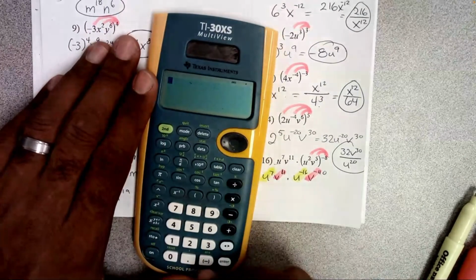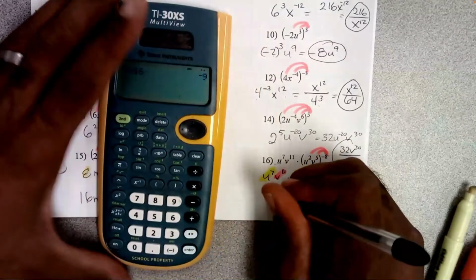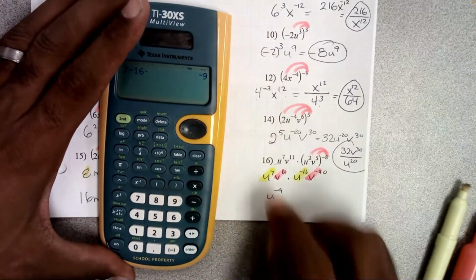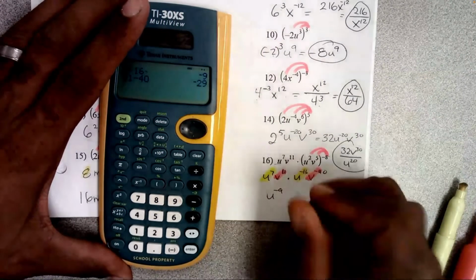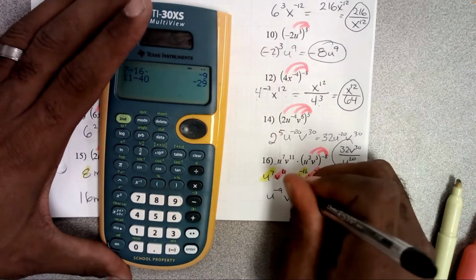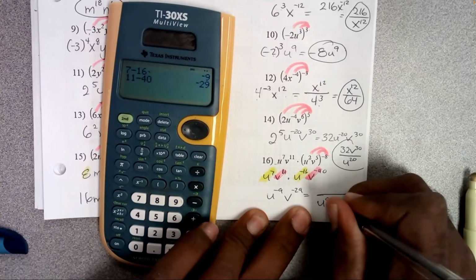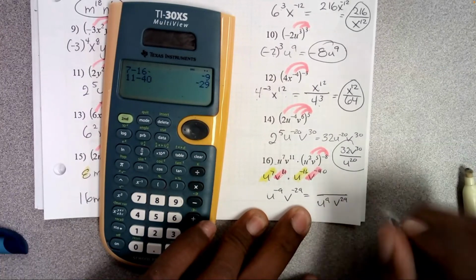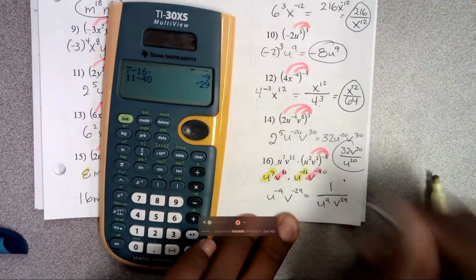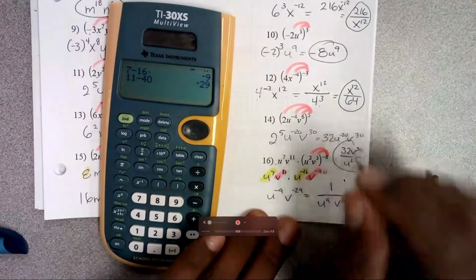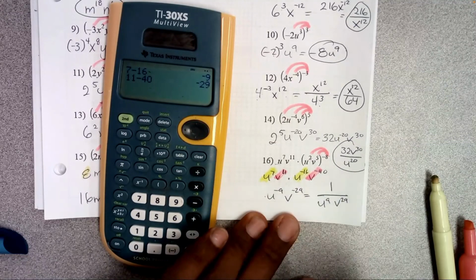So now I've got 7 minus 16 is the first one. So we got u to the negative 9. And then we've got 11 minus 40. So they're both going to be negative. I'll show you what to do here. Since they both have to move down, they're both going to move to the denominator like this. Since there's really nothing left, we're going to put a 1, because technically every time there's no number in front of a variable, there's always a 1, so we can keep that 1 on the top.